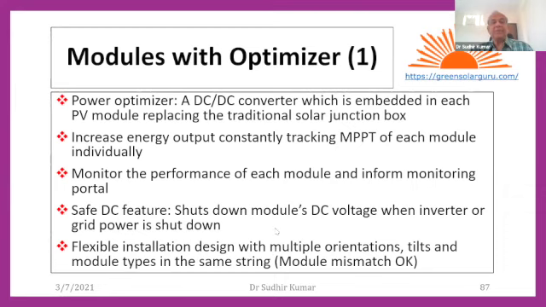So you have the advantage of multiple orientations, multiple tilts, and multiple module types. One can be 300, one can be 350, and you can have different companies also. So that is the beauty with the module. Module mismatch is okay for it. Normally module mismatch is not accepted, but here module mismatch is accepted.